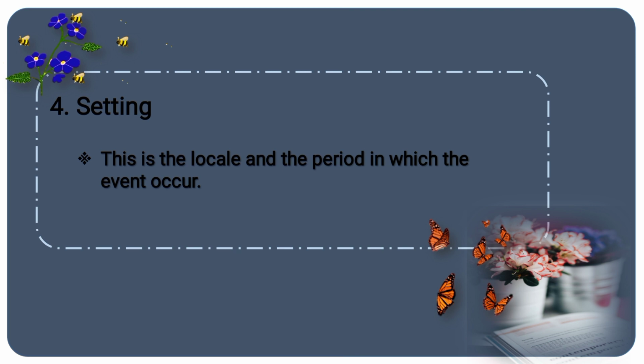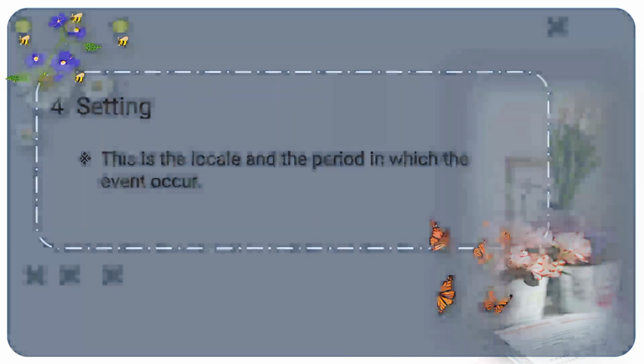So, sa simula pa lang ay ipinapakita na kung saan ba ang setting ng ating kwento. However, details about time and place are scattered throughout the story. Siyempre, iba-iba naman yung time at saka ang place. Diba? For example, kung nangyari ba siya sa umaga, sa gabi, or particular areas, yun yung ating tinatawag na setting.